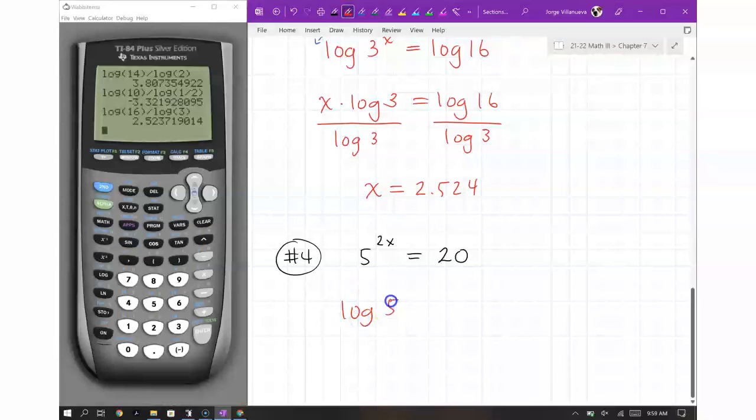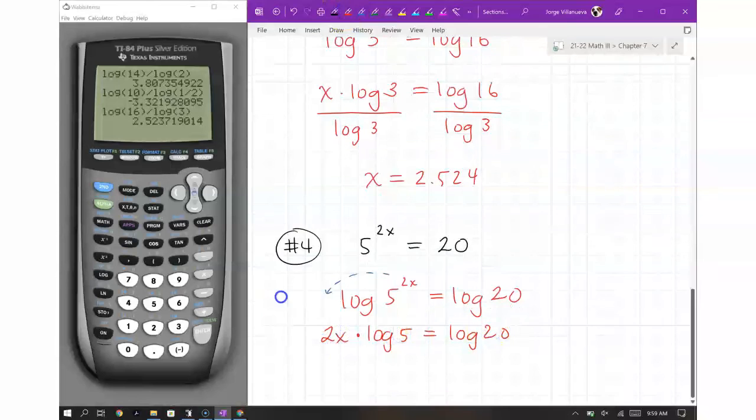So log of 5 to the 2x is equal to log of 20. Now because of that, I'm able to get the 2x and move it to the front. So that's going to give me 2x times log of 5 equals log of 20.